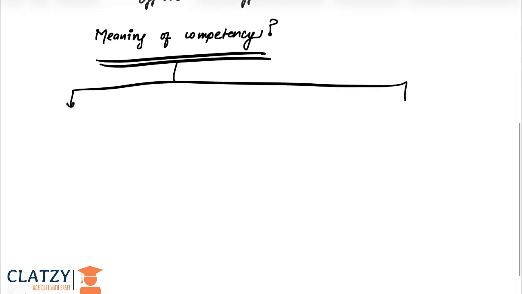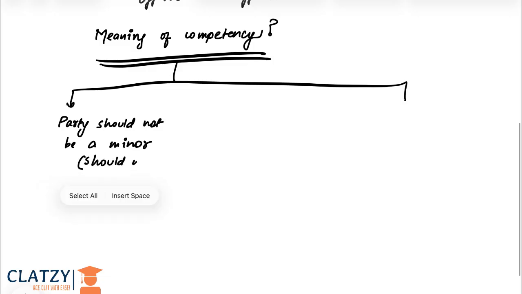Law says competency means three things. Number one, party should not be a minor, which means that the party should not be below 18 years old. There's an act in India, there's a legislation in India which is known as Indian Majority Act.